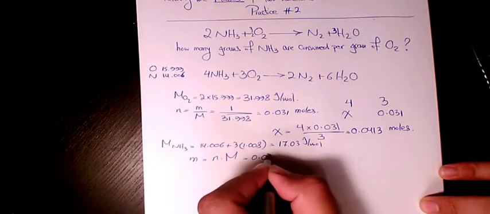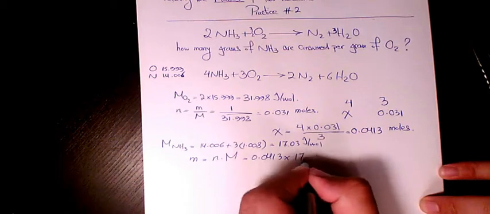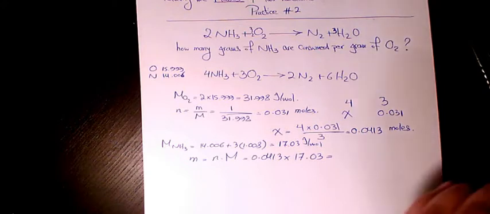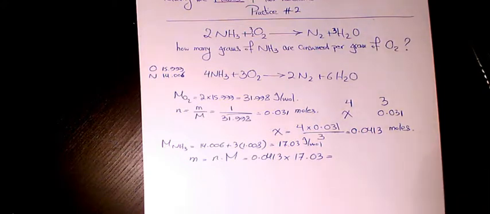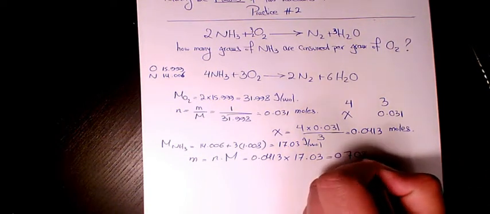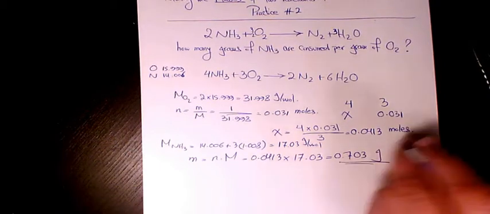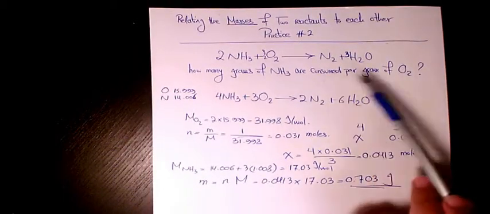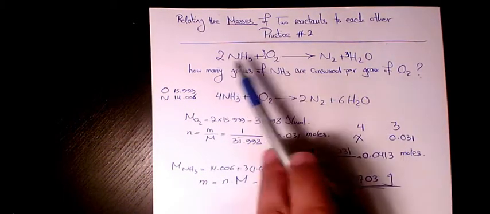Number of moles is 0.0413, molar mass 17.03. That's going to be 0.703 grams. So that's the mass of ammonia needed to react with 1 gram of oxygen if you want to have a stoichiometric relationship.